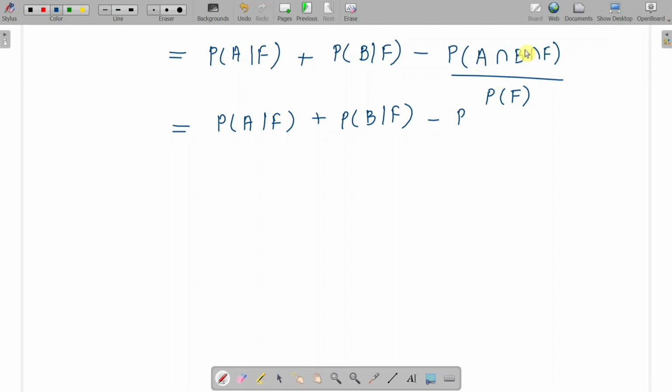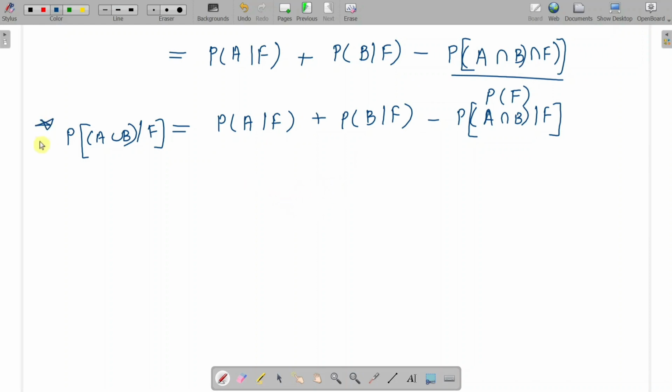So if you put brackets like this here, it is probability of A intersection B such that F has occurred. Okay, so what we get is probability of A union B such that F has occurred is this here, and this is what we wanted, right? So this is the formula.